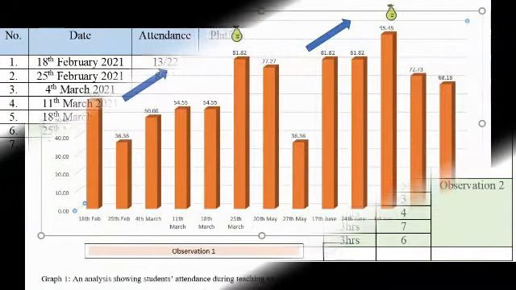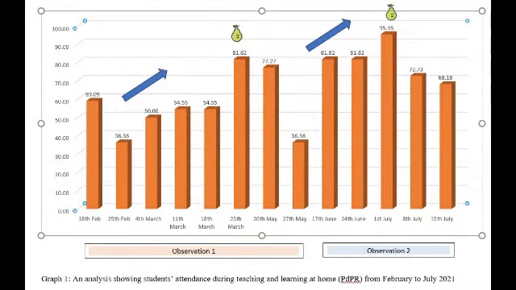This is the graph showing an analysis of students' attendance during home-based learning from February to July 2021 after the intervention of PEDAC.